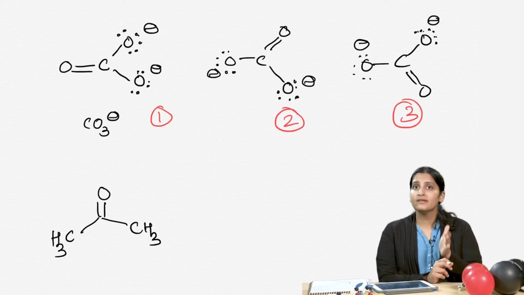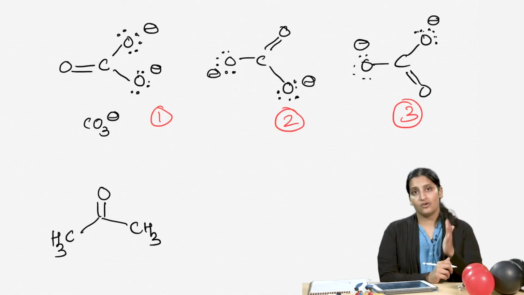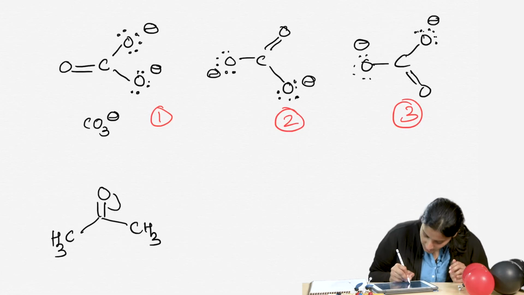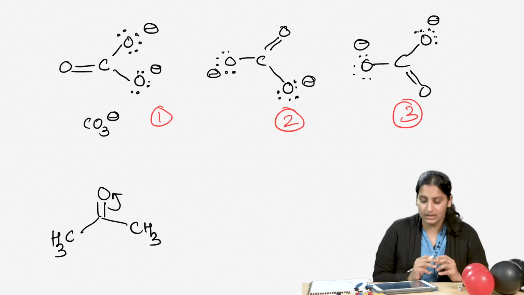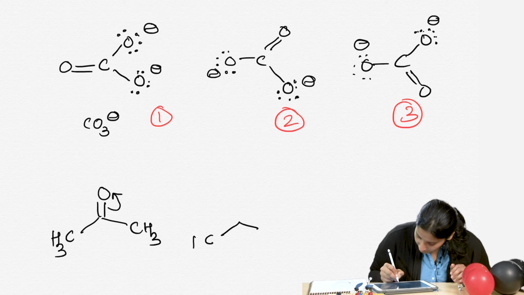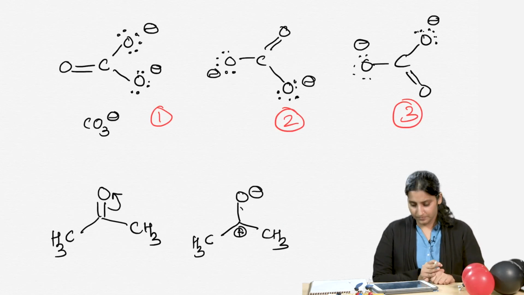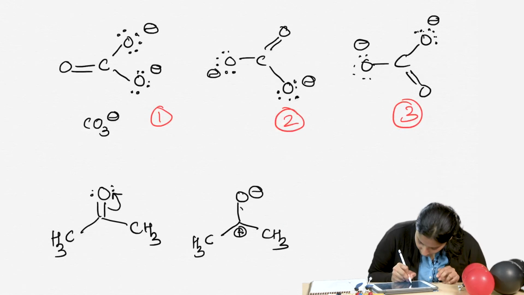In order to draw the resonance structure of acetone, I can only change the position of the pi bond. I can change the position such that both of these electrons go onto the oxygen, so that now I have a positive charge on this carbon and a negative charge on the oxygen. If I have to draw the lone pairs, here you go.